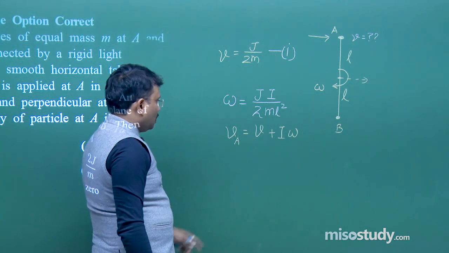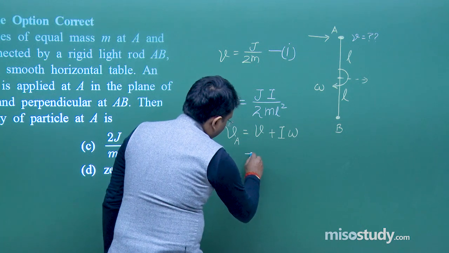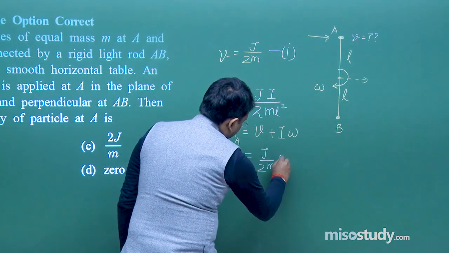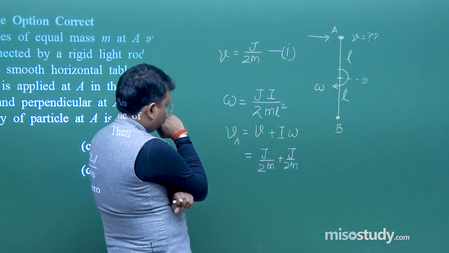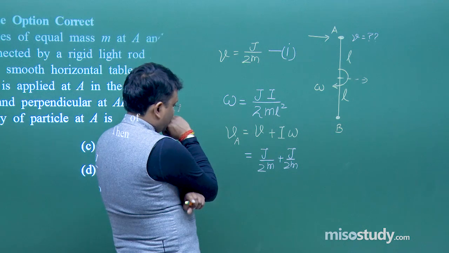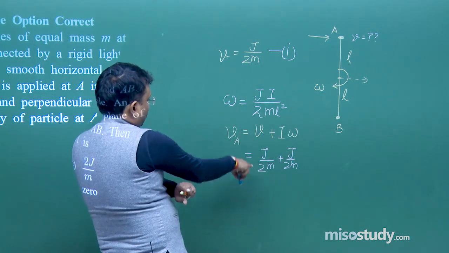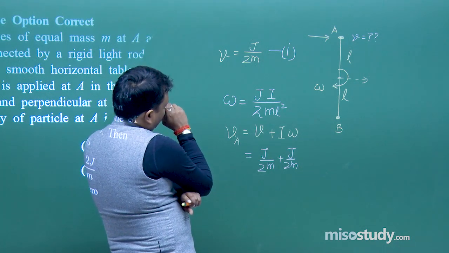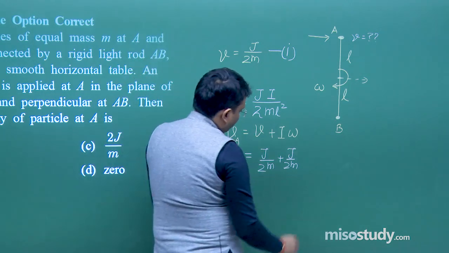So, I think I should write it down in this manner. Va is equal to V plus I omega, and it will give me J by 2m plus J by 2m. Yes, fine, because this value from here and this is something J by 2m I by L. So, what you will get from here?